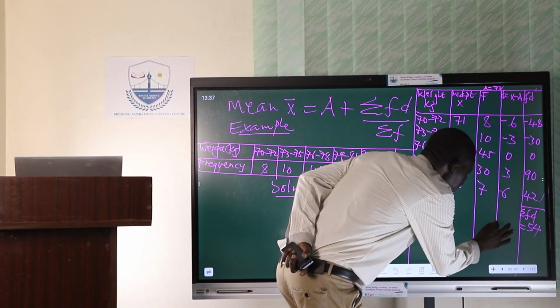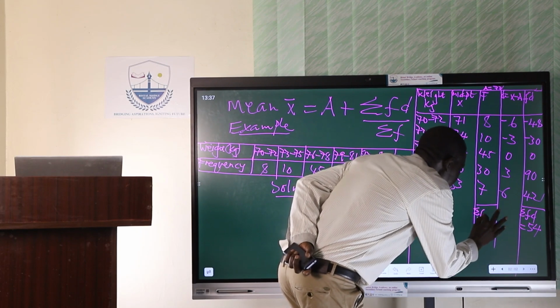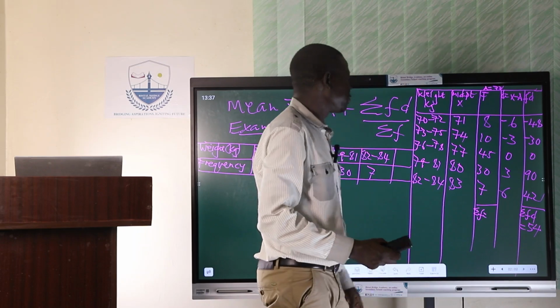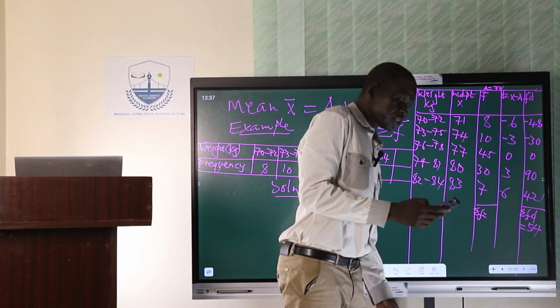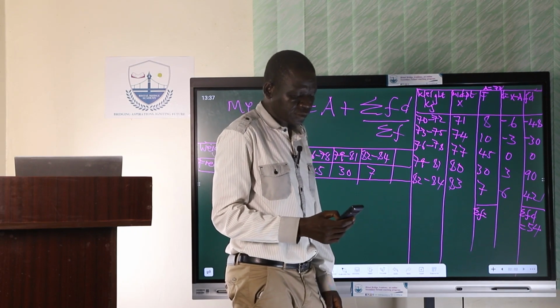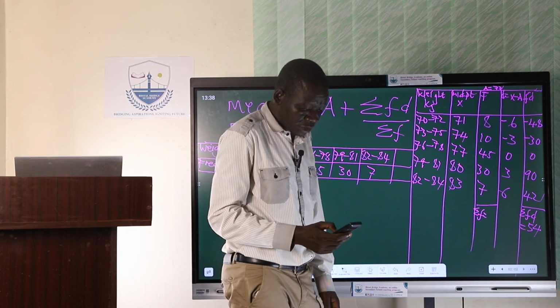Then we also get summation F, the total frequency. We shall add all the frequency values, whereby we have 8 plus 10, we get 18.